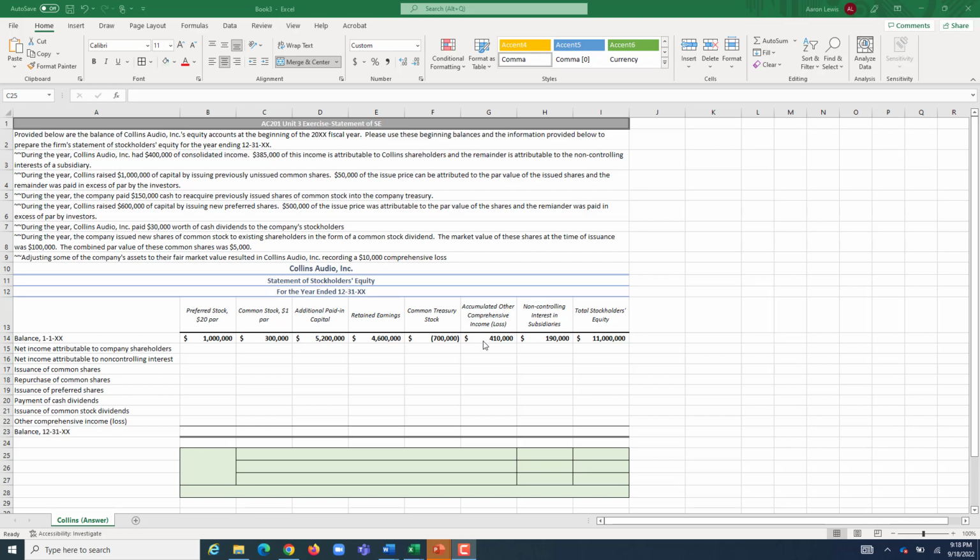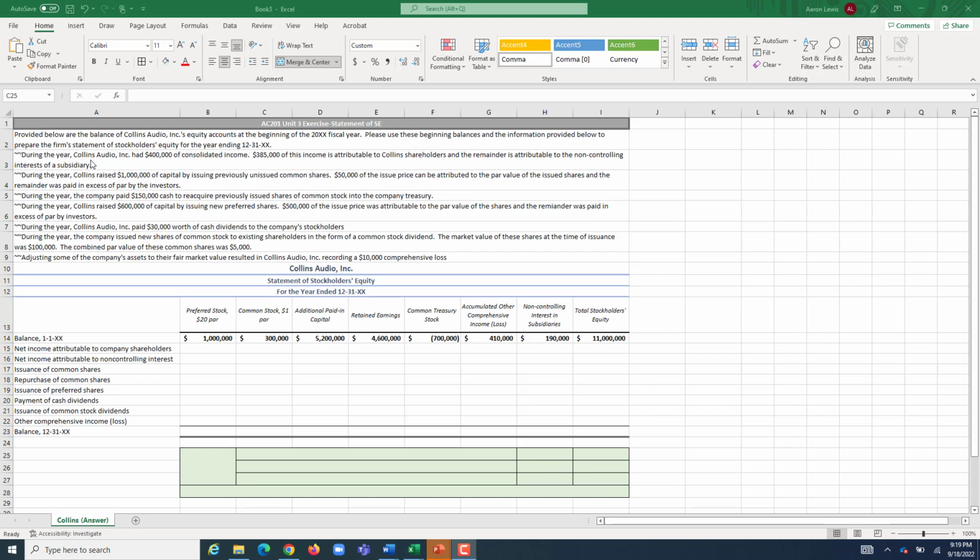We could have realized actual income of $410,000 had we done some things like sell investments, factor our receivables to profit from a translation adjustment, all of that stuff. We have $190,000 in equity, which is attributable to our non-controlling interest in our subsidiaries. And if you add all that up, in total, we have $11 million in stockholders' equity.